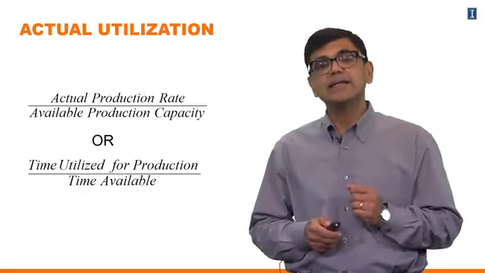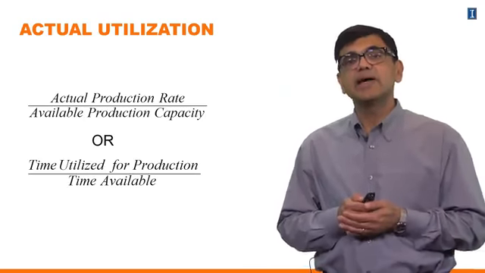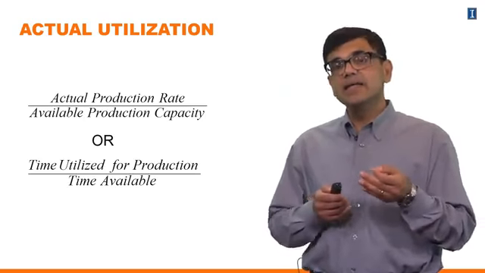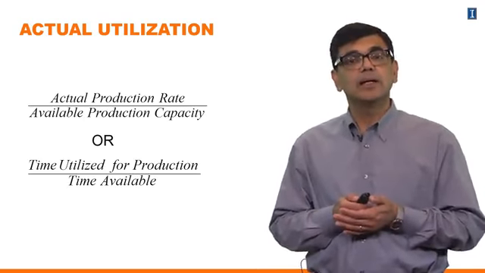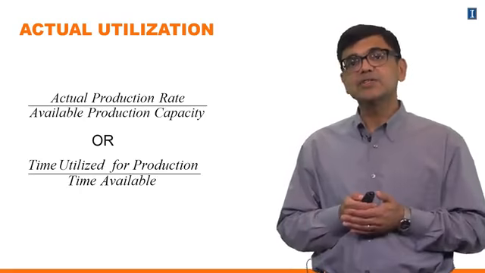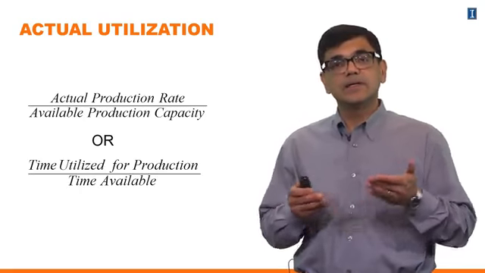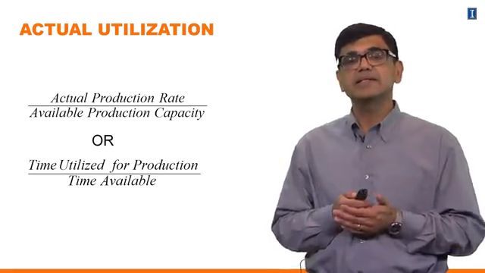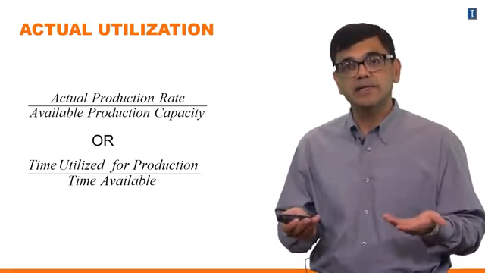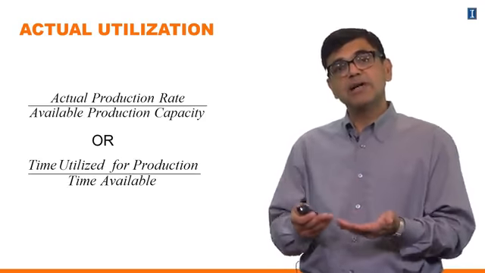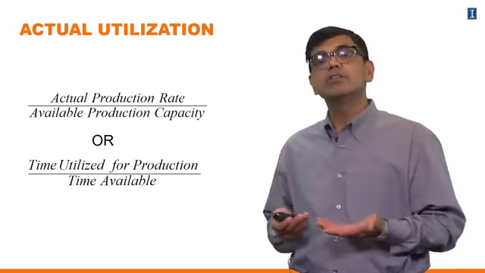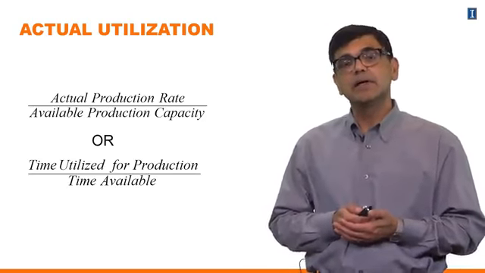Now let's take a look at the formulas for calculating capacity utilization. Here we're going to distinguish between actual utilization and implied utilization. So actual utilization, the basic idea is how much I make divided by how much I can make, right? So actual production divided by how much I could have made based on the capacity that I have.